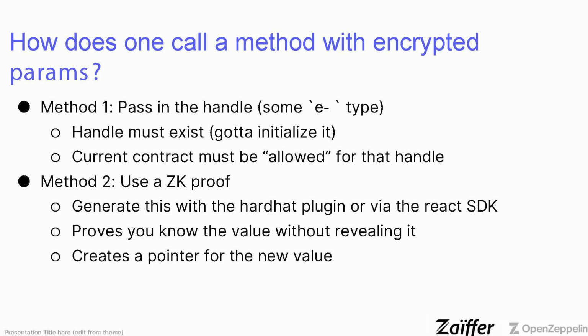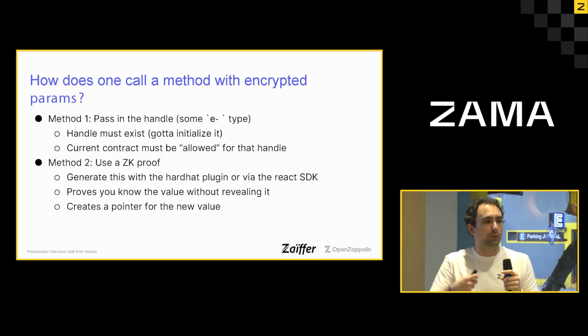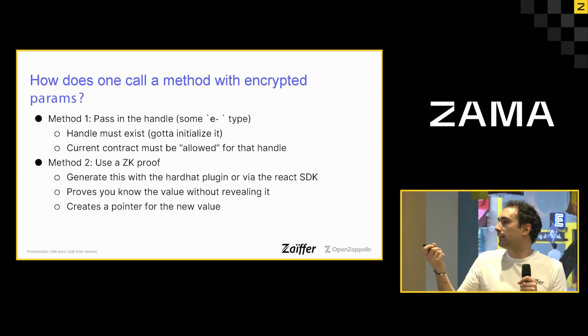But you also have a second method, which is when some regular accounts, non-smart contract accounts, want to call a smart contract. You'll need to do some special initialization and also generate some sort of proof to ensure that you know what you're actually sending. And so that's the second method.